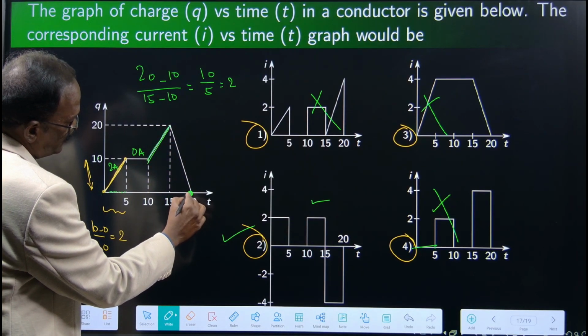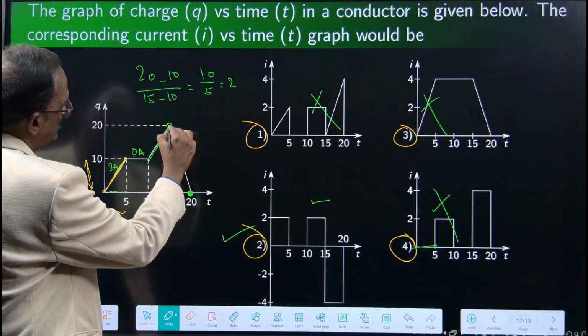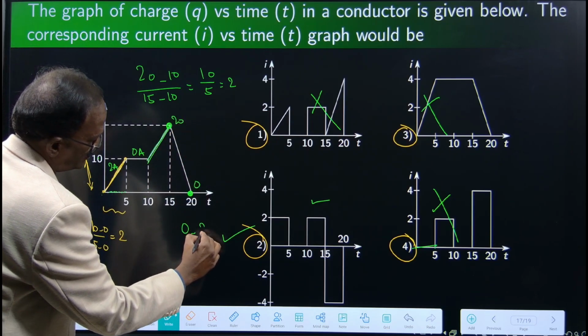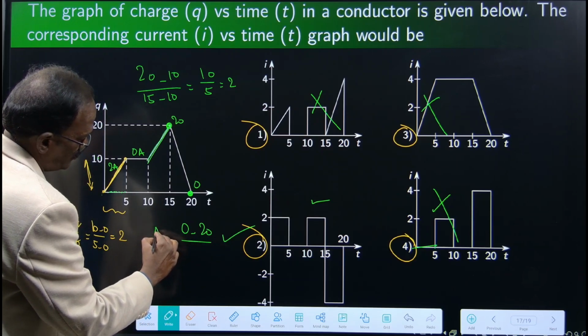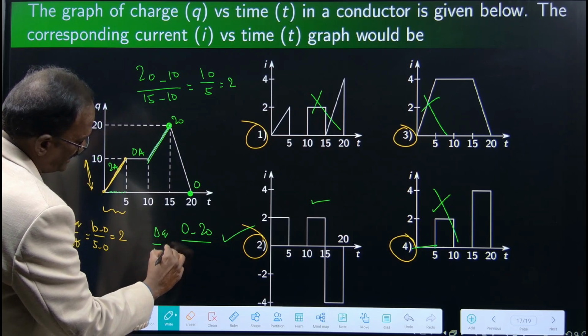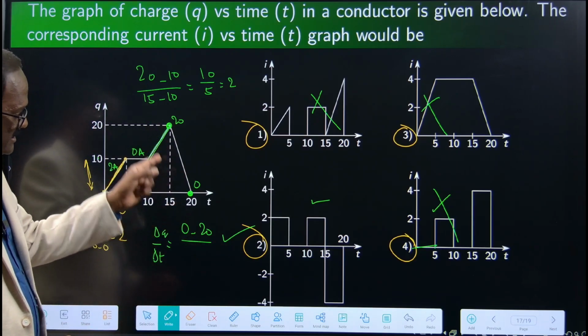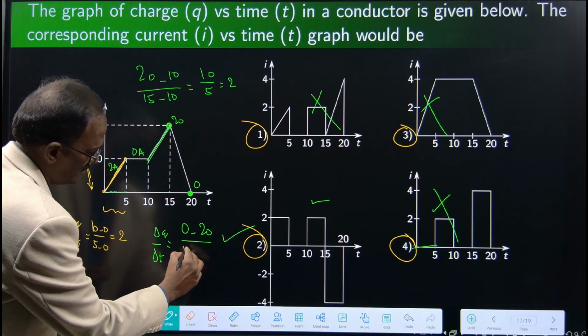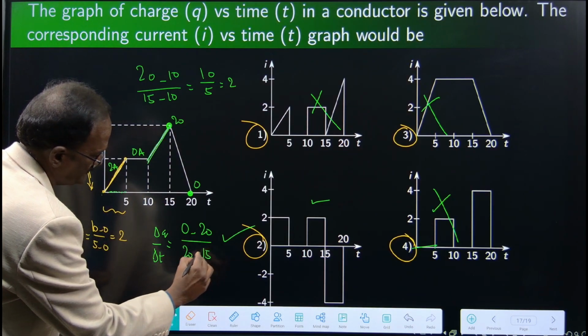Final Q is 0. Initial Q is 20. So this is 0 minus 20, delta Q by delta T, I am writing. For the last case, final is 0, initial is 20, 20 minus 15.